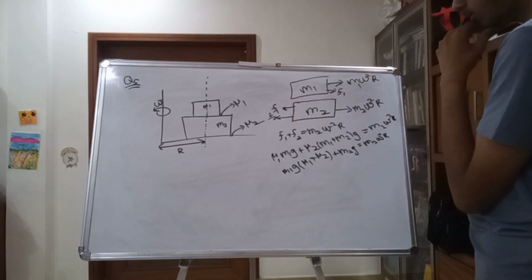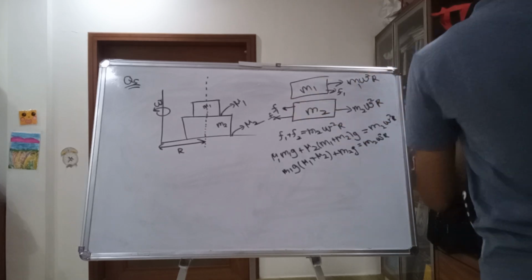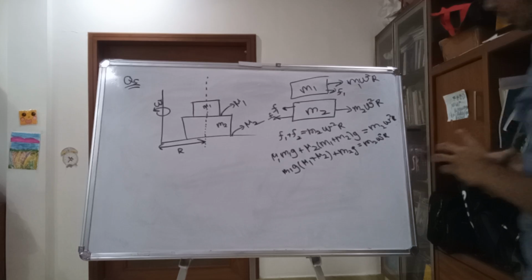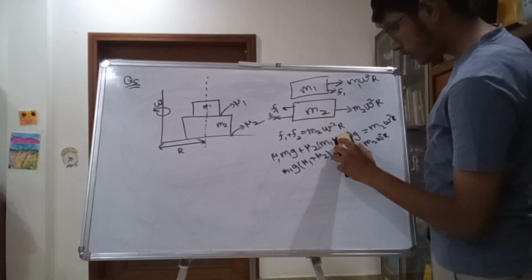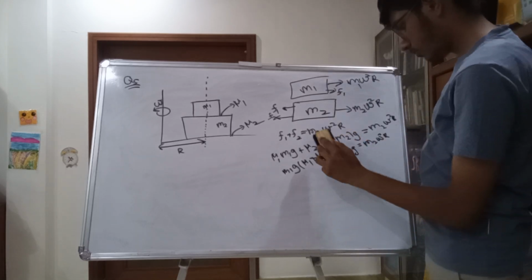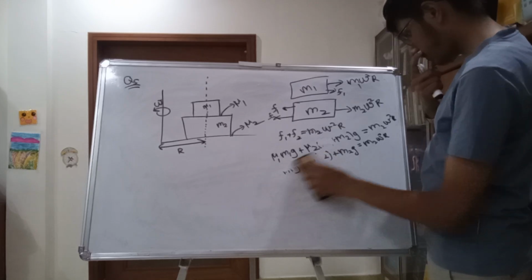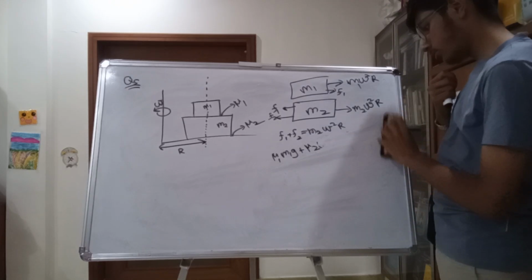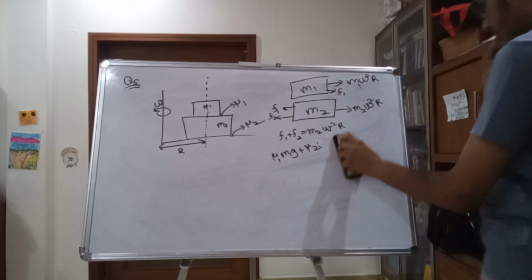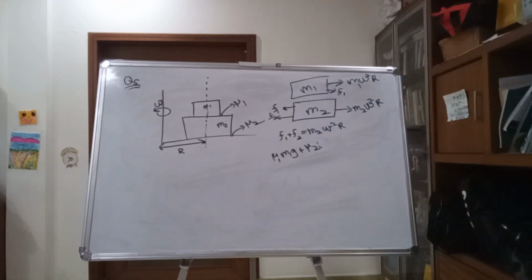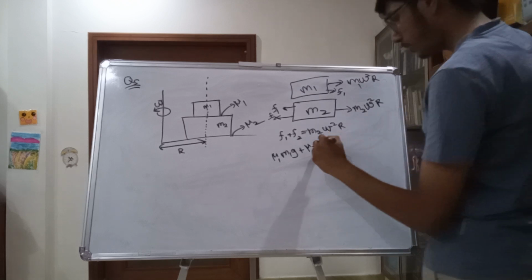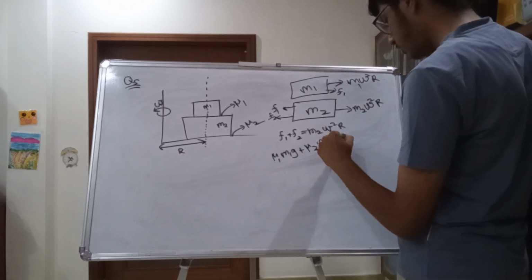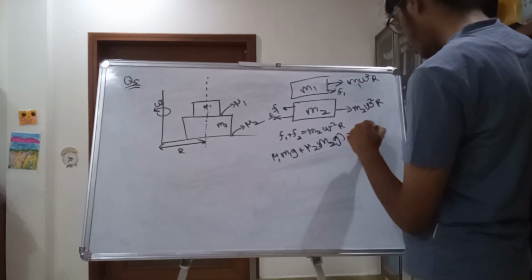F1 and F2 are connected in this section. Okay, see, here the normal is not M1 plus M2 G. It's just M2G. Here you should not take it like that. For this block, it is going to be M2G only. Mu M2 G equal to M2 omega square.